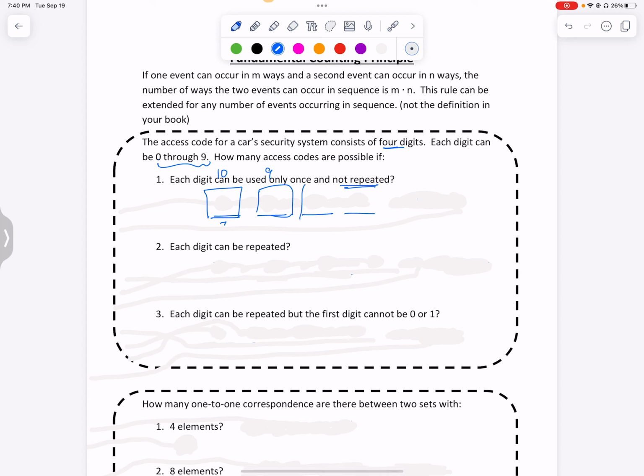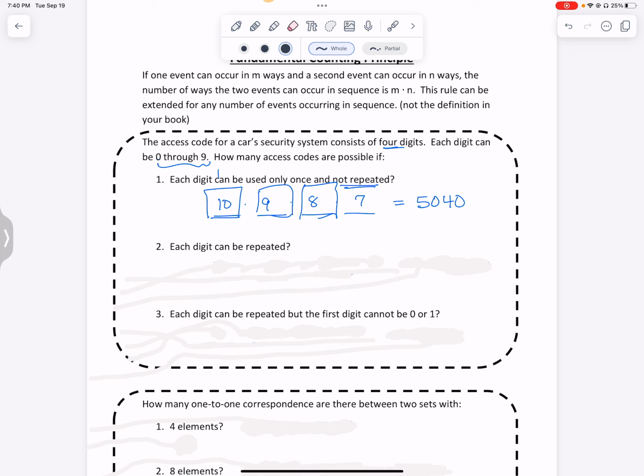For the third one, I've already used 7 and 8, so now I can only use 0, 1, 2, 3, 4, 5, 6, and 9. So I only have 8 possible ones. So I would have 10 times 9 times 8 times 7. I'm going to erase these so it doesn't confuse you. If I multiply all those together, my answer is going to be 5,040.